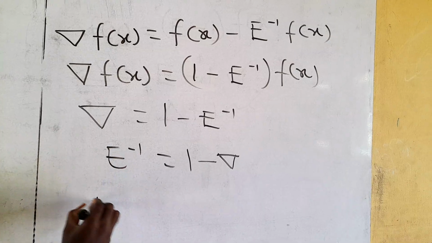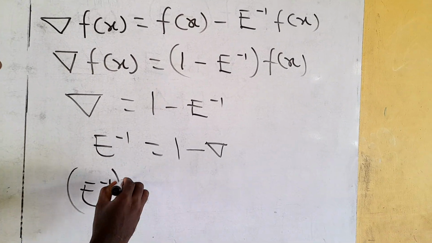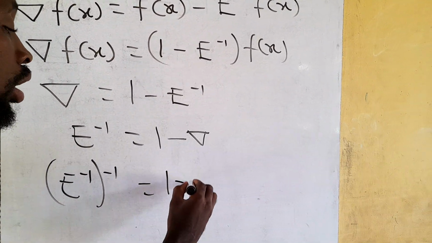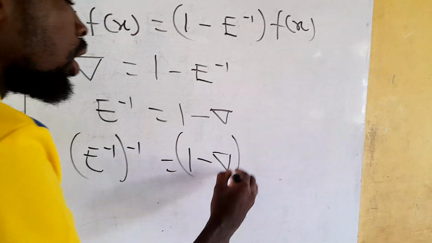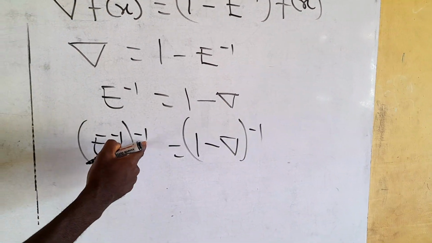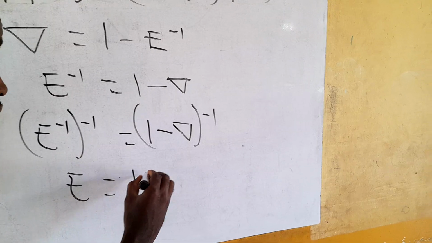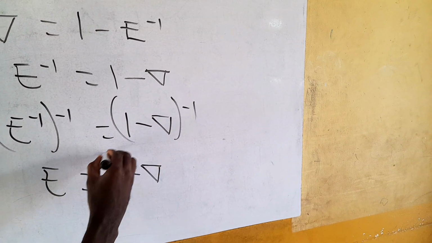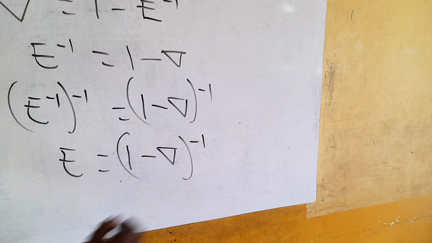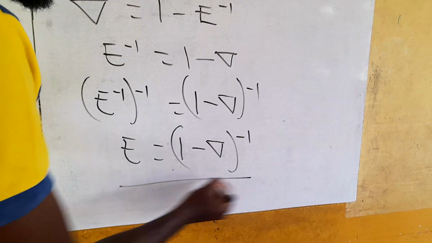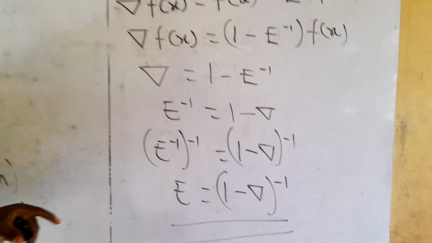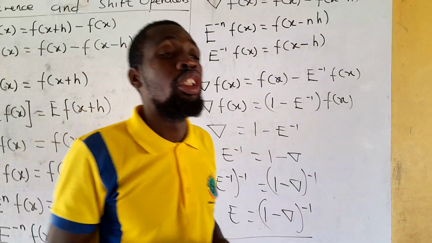So that will be E exponent negative 1 exponent negative 1 equals 1 minus nabla, exponent negative 1. When we do that, this multiplied by this will be 1. So we can say E is equal to (1 minus nabla) exponent negative 1. I hope you get this. So this is the relationship between the shift operator and the backward difference operator.